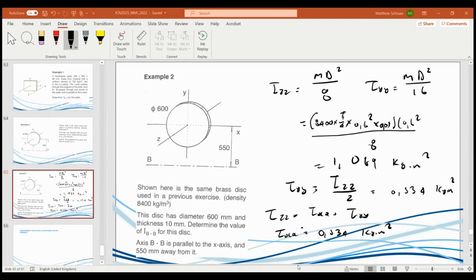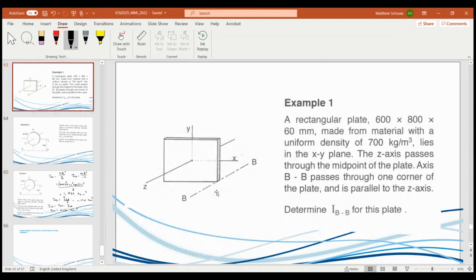Okay, cool. Let me go back. This one over here. Yes. Now this is different. Axis BB is not on the same plane as Z. It's parallel, but it's at a horizontal, if that makes sense.